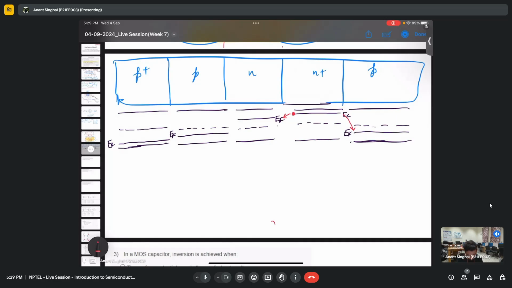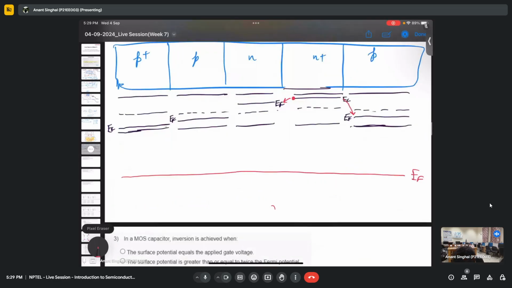So if I try to make it very quickly, we have a single Fermi level. As you can see, N will be lower. So what I can do is, I'll start with P plus. Where is P plus? Yeah, here is P plus.